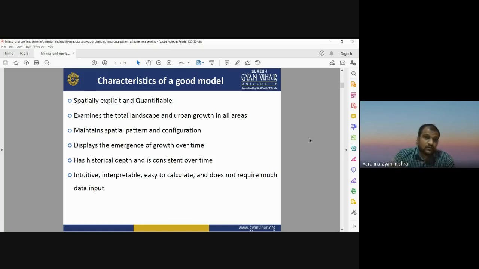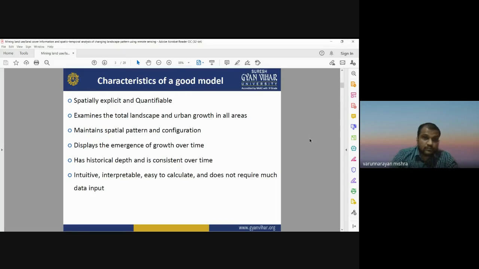So a land change model should maintain the spatial distribution and pattern of different earth surface features and their configuration. It is also possible to display the emergence of growth over time, and it should include some historical data, meaning what was the past trend of urbanization and of the landscape dynamics.